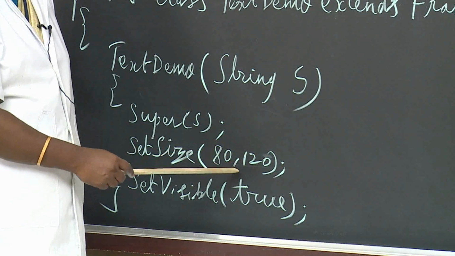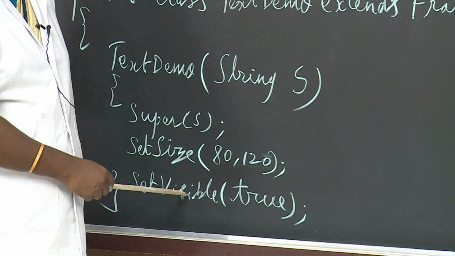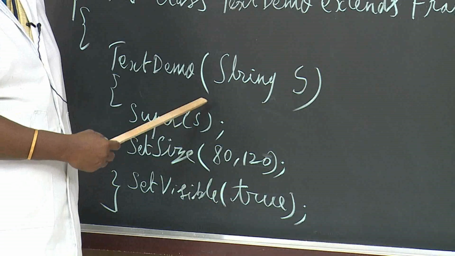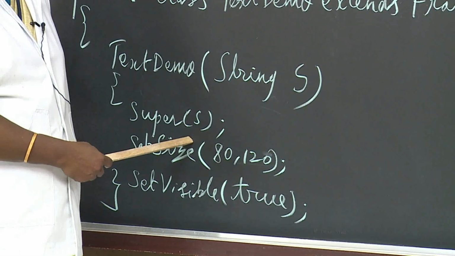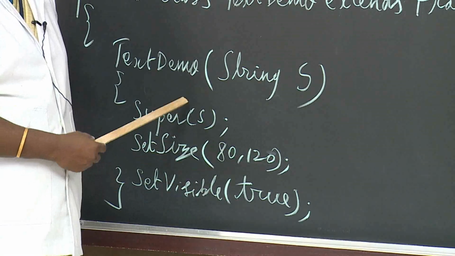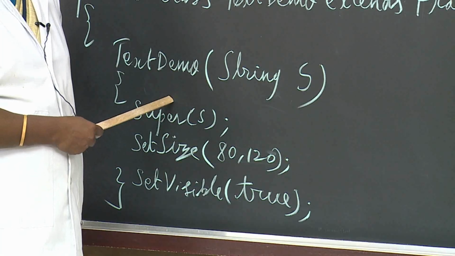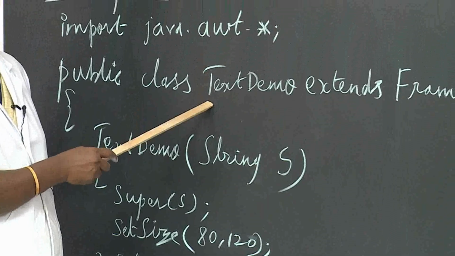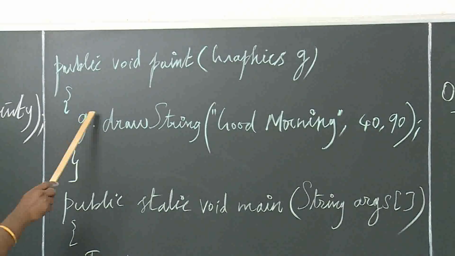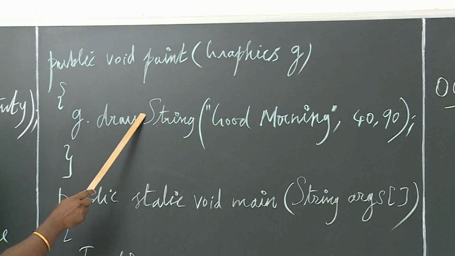Then setVisible enables the particular frame. These are the most important functions in order to enable the frame over the screen, so they are always included within the constructor of this class, TextDemo.